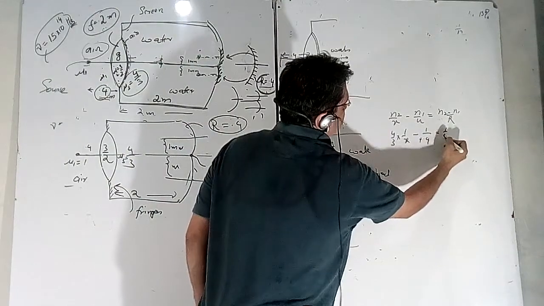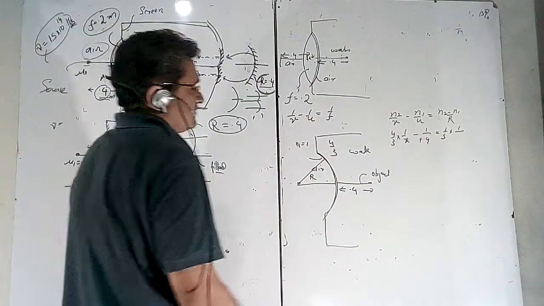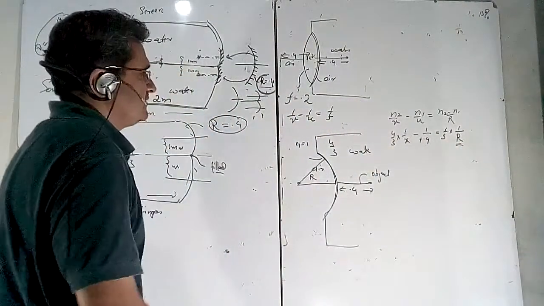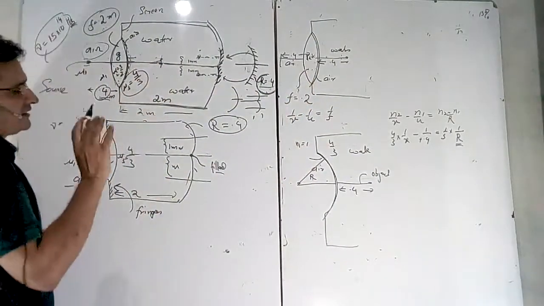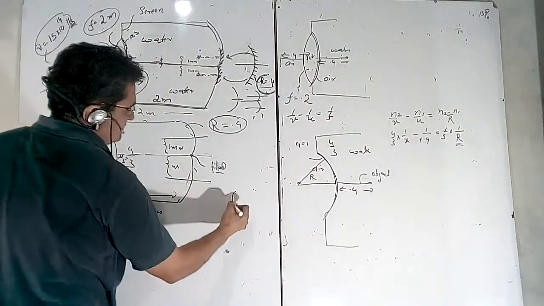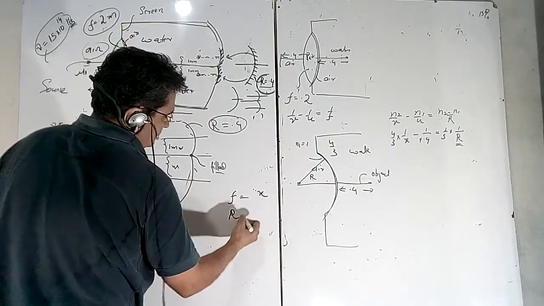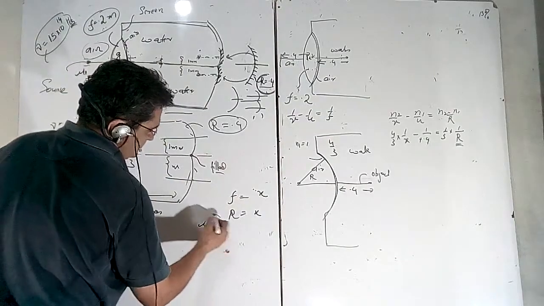1 upon 3 into, here you have to be very careful, the radius. What is the value of radius? Now the radius will be the same as the radius of this biconvex lens, and in case of a biconvex lens, whatever is the focal length, if it is x, the radius will be x if mu is 3 upon 2. This is the shortcut.